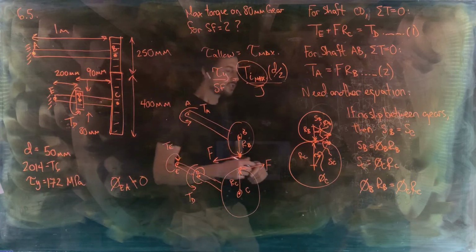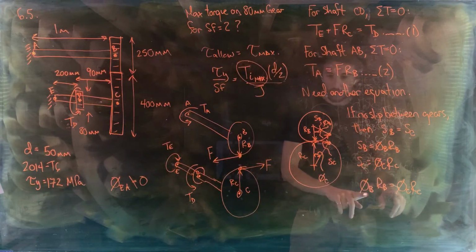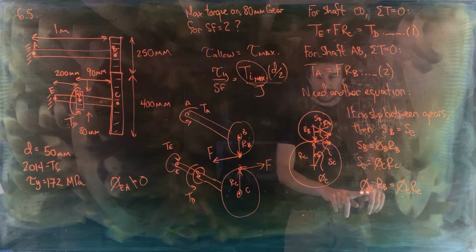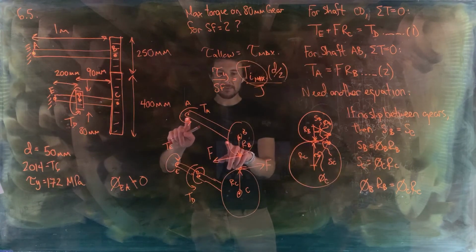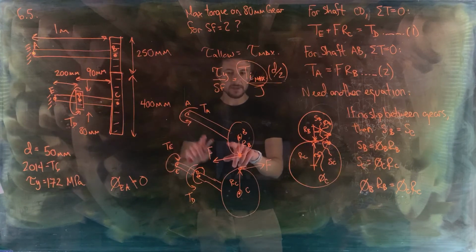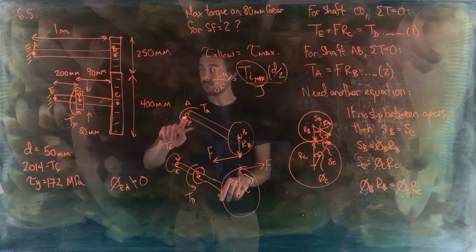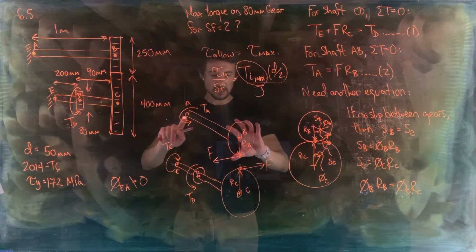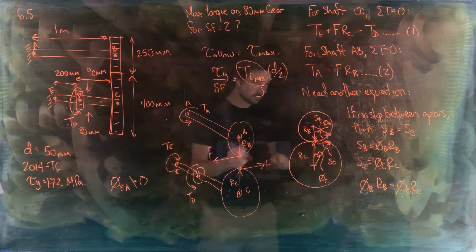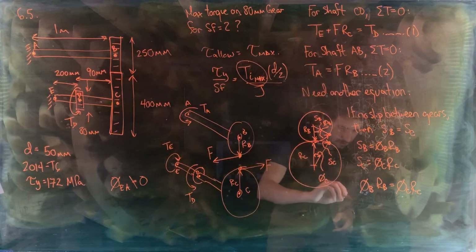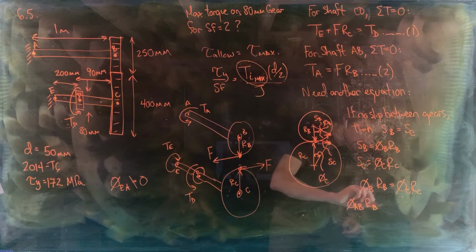Okay. So what we can do now is recognize that the angle of twist for gear B is going to be the same as the angle of twist for shaft AB, right? If point A is fixed and gear B twists by 5 degrees, then it must be that shaft AB also twists by 5 degrees. So we can replace phi B here by phi AB, multiplied by RB.